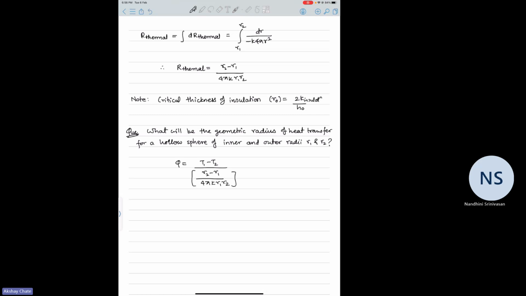This is your thermal resistance. Now you can write it as 4 pi K R1 R2 divided by R2 minus R1, into T1 minus T2. This remains as it is.